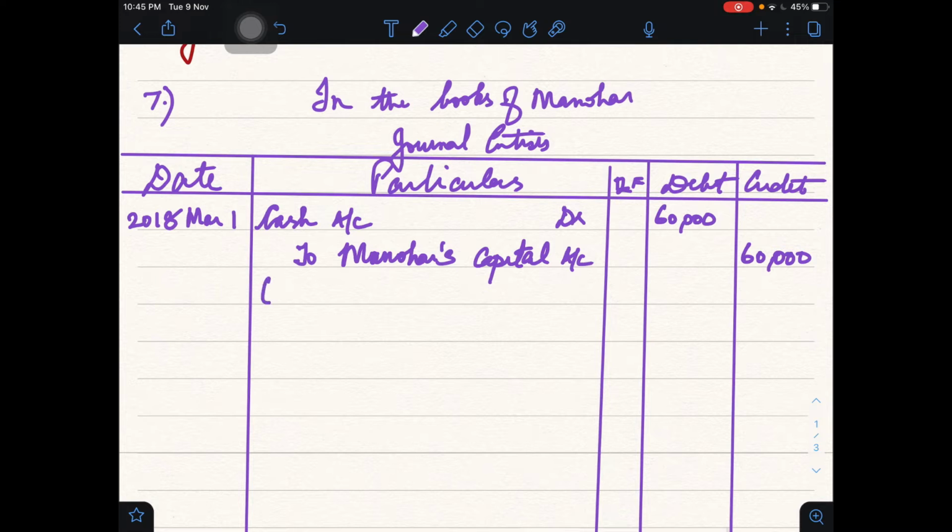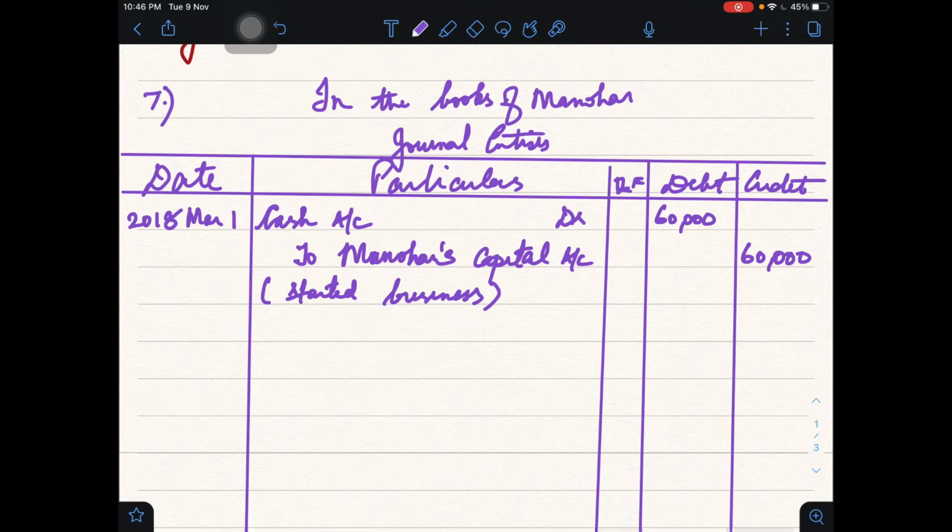Write the narration. After every transaction you need to write the narration, as started business. So we are applying all the rules here in order to journalize easily. What we have done: we read the transaction and identified two accounts, cash and Manohar's capital.